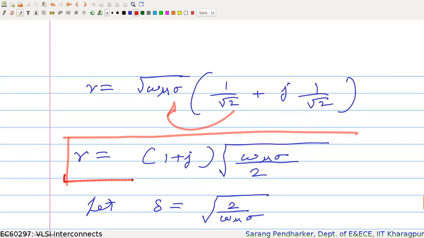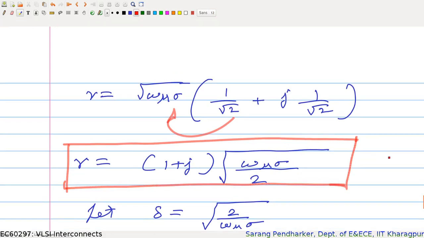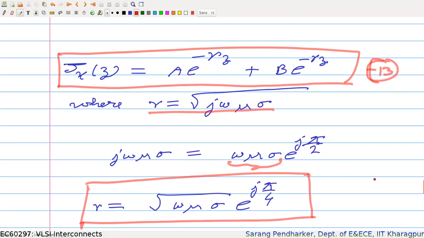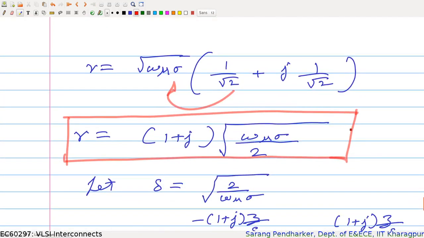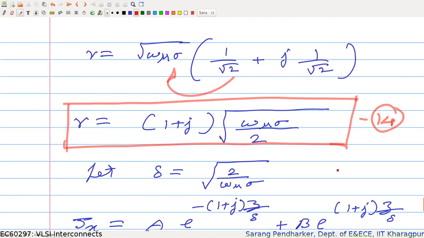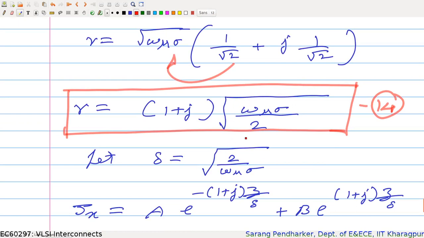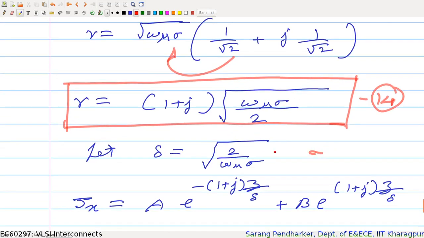So finally I get my gamma as, equation 14. Right, I can again define a new variable which I am calling as this delta, and I can call this equation 15.